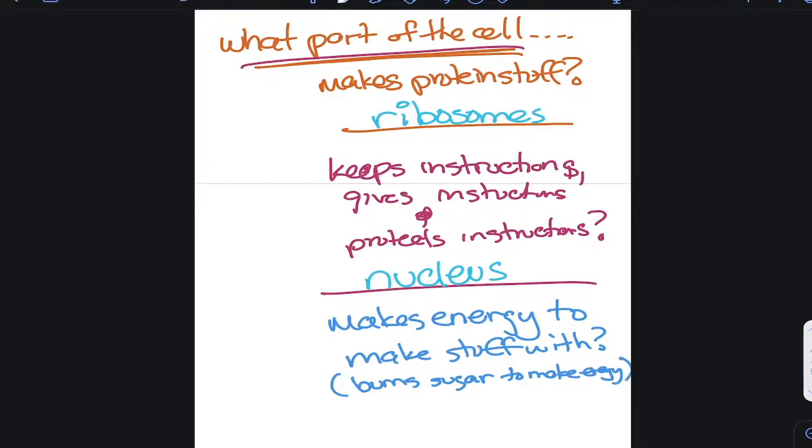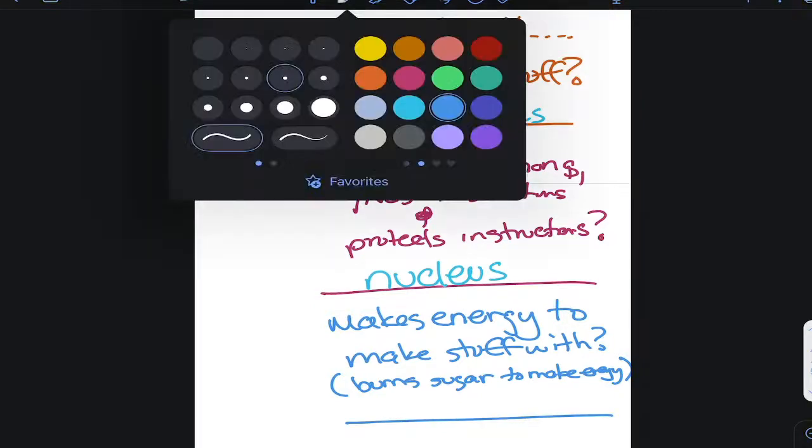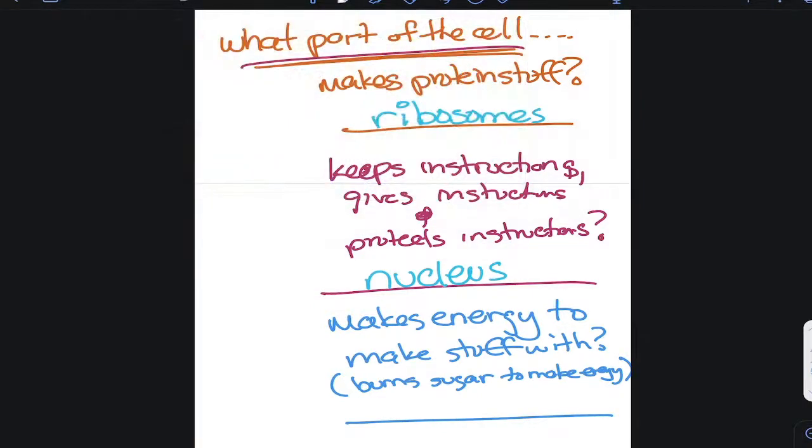What part of the cell does that? Pause and give that a try. What part of the cell makes energy from sugar so that you can make stuff with it? Pause, because here comes the answer. Ready, set. That would be the mito. And if you remember chondria, great. But that's mito, okay?